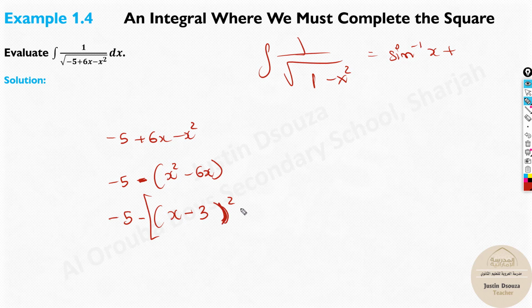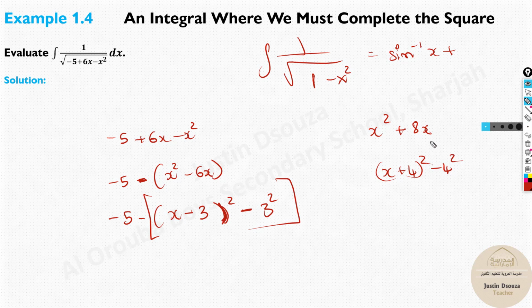This is completing the square. But it's not over. You need to subtract whatever this number is there. Square it up. This is the direct method. Now, if at all you have x squared plus 8x, the completing the square method would look like this. X plus 4 the whole square minus, doesn't matter if it's plus or minus, it's always minus outside the square of this 4 squared. So this is how we do completing the square method.